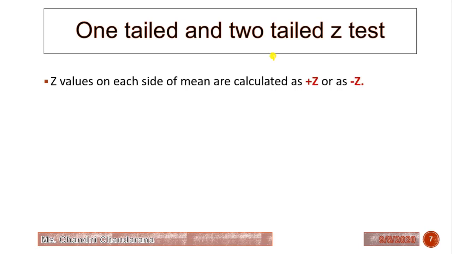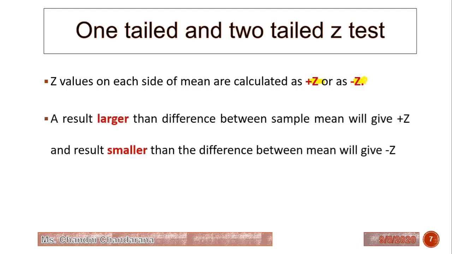The Z values on each side of the mean are calculated as plus Z or minus Z. When the result is larger than the difference from the sample mean, it will give a plus Z. But when the result is smaller than the difference, it will give a minus Z.